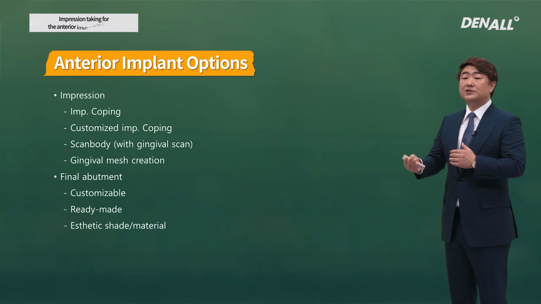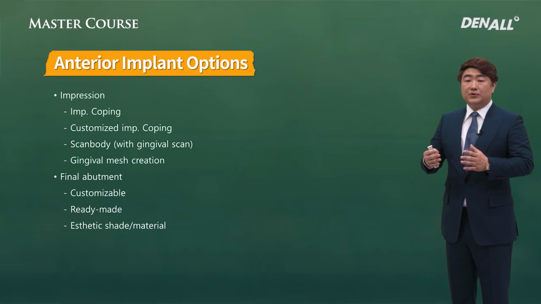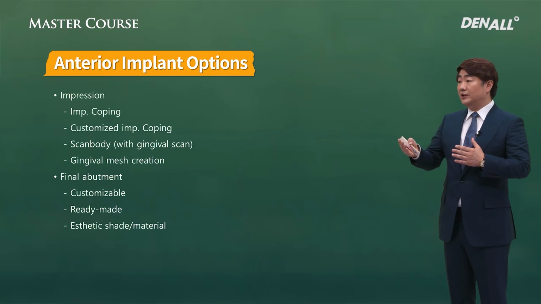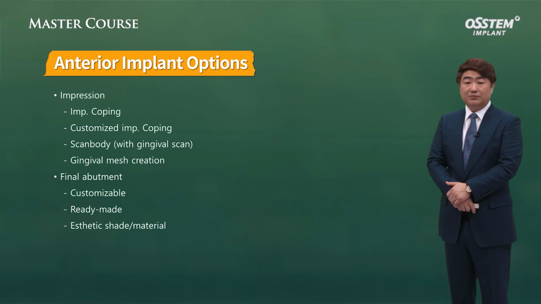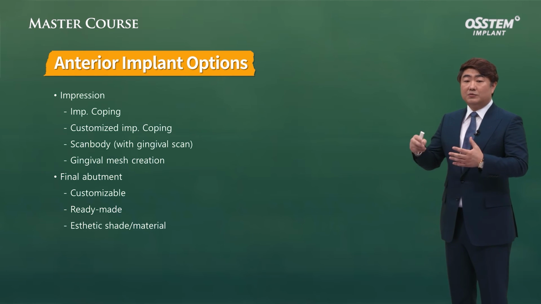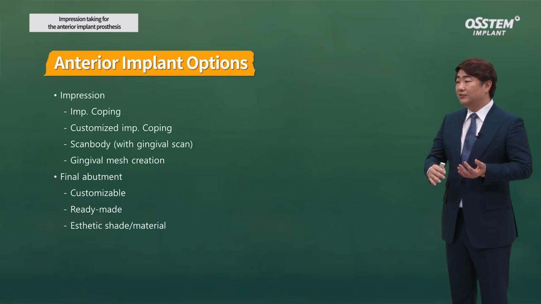A customized impression coping is the best way, but if you can use CAD/CAM and scan it, then without using a customized impression coping, you can reference the temporary running room. So the copied running room can be referenced to select or design the final abutment, and the abutment aesthetics can be preserved.